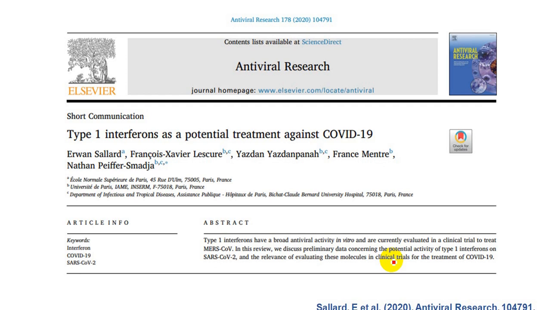Since we talked about antiviral properties, type 1 interferons have a very big potential against treatment of COVID-19.